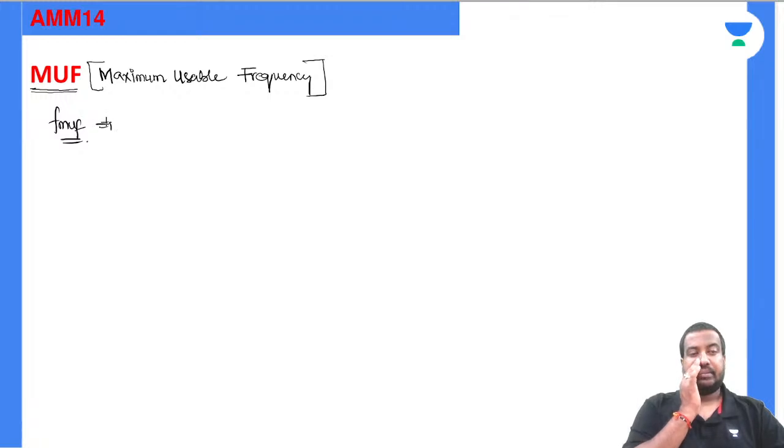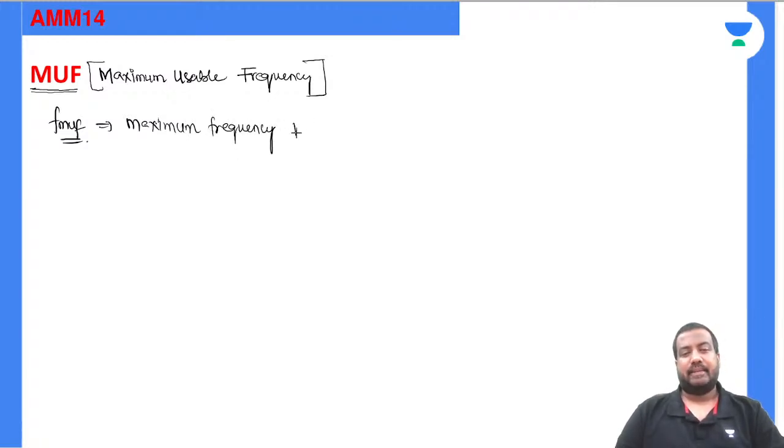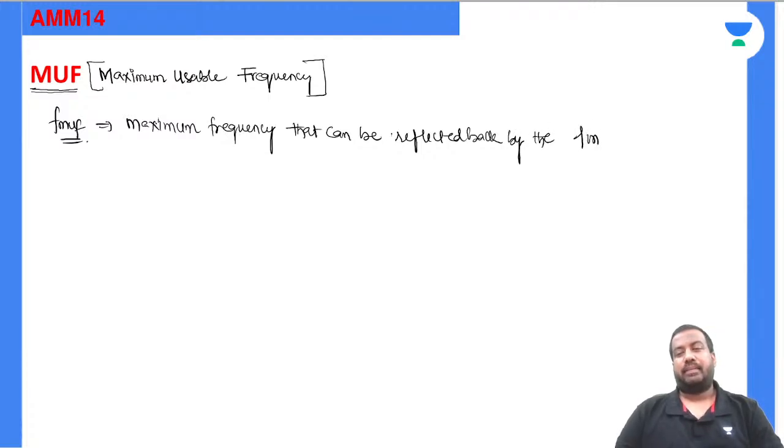As the name indicates, it is defined as the maximum frequency that can be reflected back by the ionosphere at any incidence, at any incident angle.